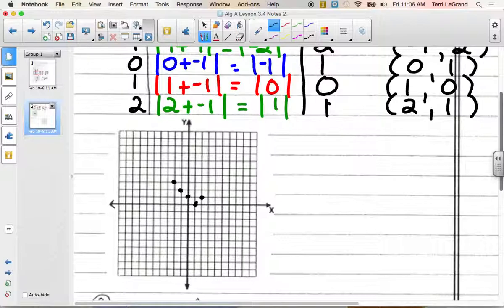What ends up happening? Looks like a tilted L. Yeah, sure does. It looks like a tilted capital L, or an incomplete V, or a backwards check mark, right?